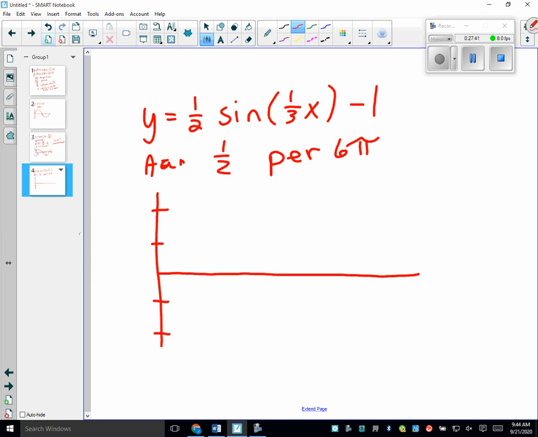To make life easier, do you agree that I shifted that graph one down? So really, here is the center of my graph. Because I shifted it one down.